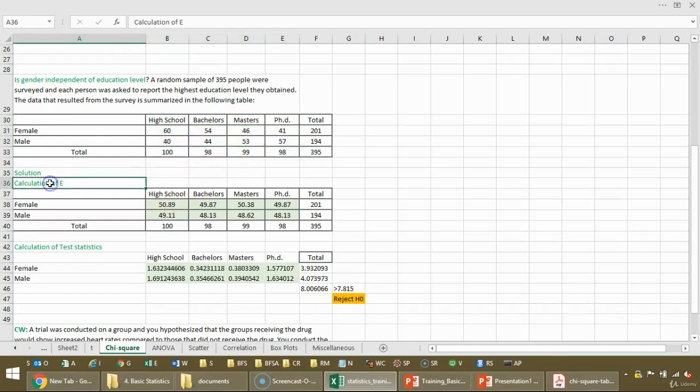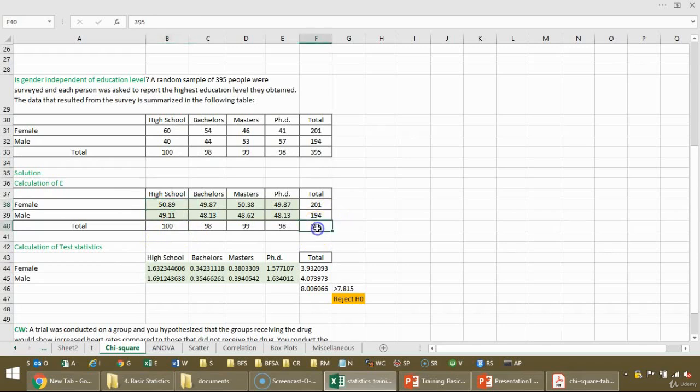We have to find E for expectation. How can we find E for expectation? If you see the formula, we have given F38, multiplied by B40, divided by F40.